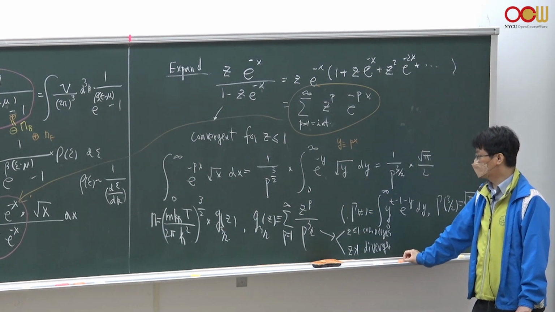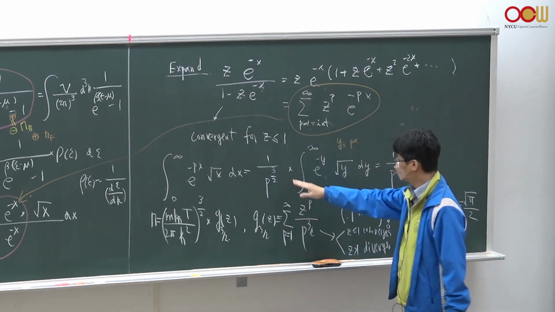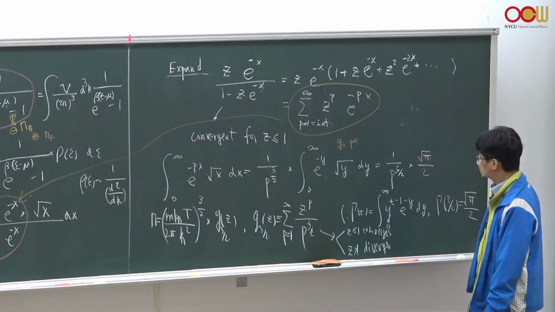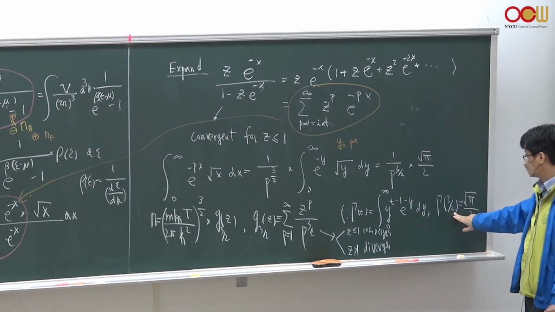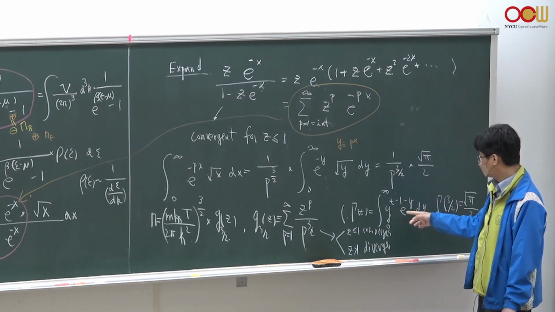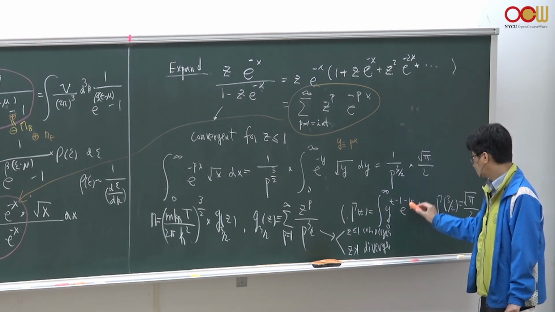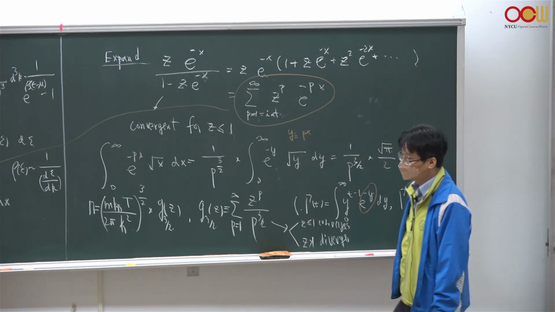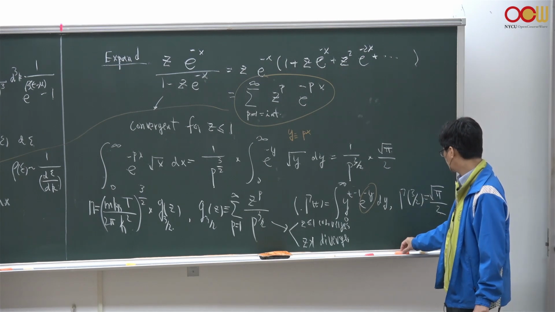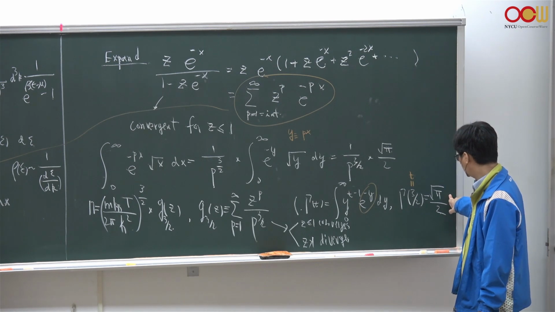Using this new variable y, you can re-express this integral in terms of 1 over p to the power of 3/2 times an integration over y, and this integration is nothing but the gamma function, which is defined as the integral over y, with y to the power of t minus 1 times e to the minus y, inside the integrand. So this integral that we need to evaluate is nothing but gamma with t equal to 3/2, which is given by a constant, square root of pi divided by 2.